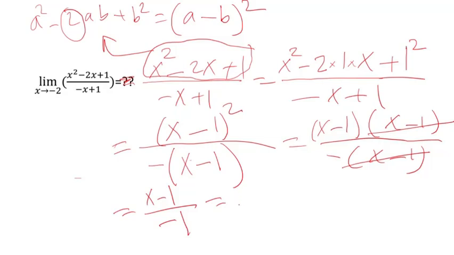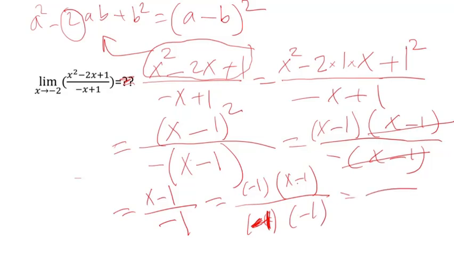And again, I have to multiply top and bottom by -1 to get rid of this negative sign here. So minus 1 times x minus 1. So minus 1 times x is minus x. Minus 1 times minus 1 is plus 1. Then I have minus 1 times minus 1, which is just 1.